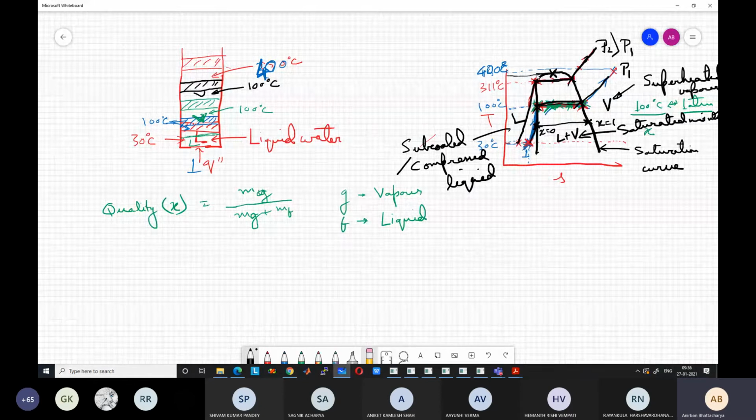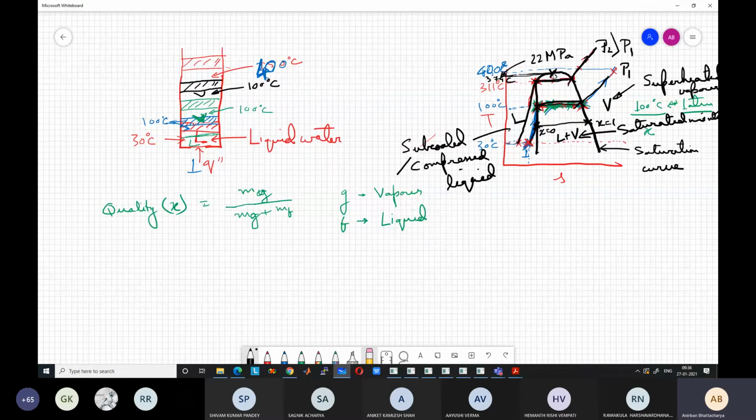This is somewhere around 374 degrees centigrade and 22 MPa pressure. 22 MPa is 220 atmospheric pressure, 220 times the normal atmospheric pressure.